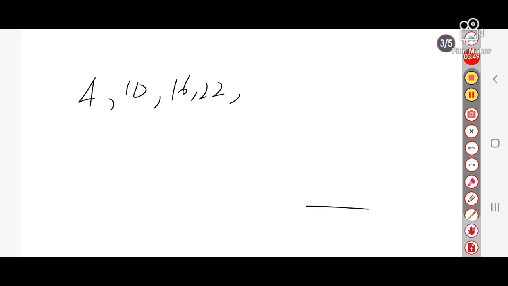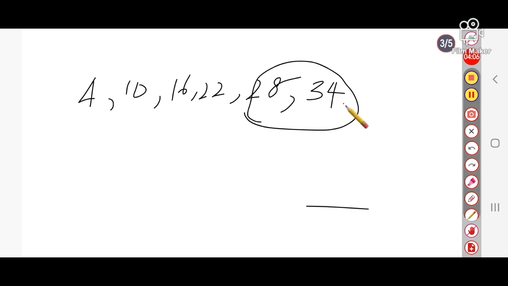So 22 plus 6 is 28. Then 28 plus 6 again, because of the common difference, and they have asked us to find the next two terms, so the other number will be 34. The next two terms of the sequence are 28 and 34, and it goes on up to 40 and 46, but they have asked only two terms.